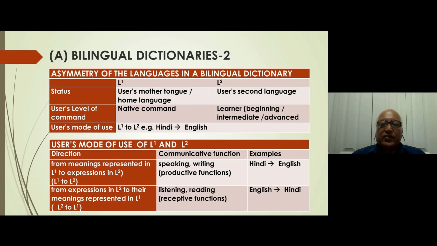So the movement is from L1 to L2, and the basic communicative function is speaking and writing. That is, these are productive functions of language, productive skills.